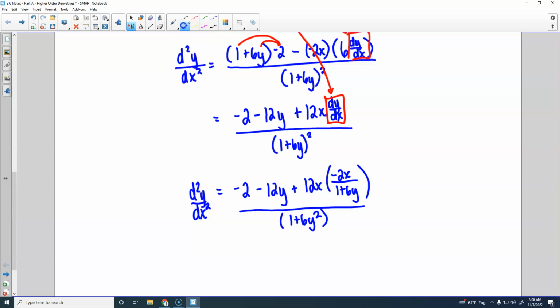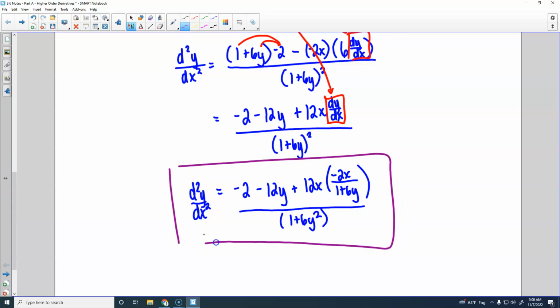Now, technically, on an FRQ you wouldn't want to go past this. This is fine. You could stop. That complex fraction is okay. However, more than likely, you are not going to see an answer choice where they leave that 1 plus 6y in the denominator of that top fraction. You're not going to see that complex fraction left.